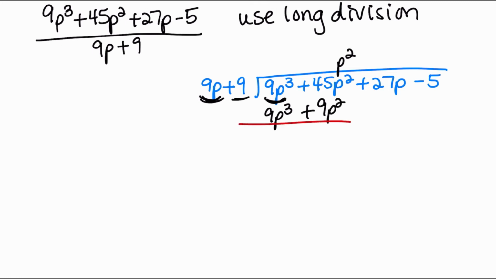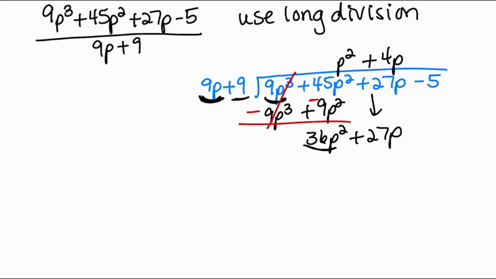Draw a line, change the signs, cancel. 45 minus 9 is 36p squared. Bring down the 27p. Then you have to ask yourself, how many times does 9p go into 36p squared? I have to multiply by 4p.